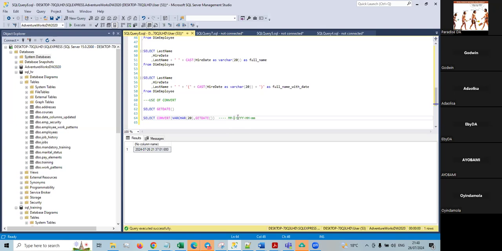Let me write it correctly because there is a way these things are written. And year, I think, is also lowercase. Not that it matters in this particular context because we have actually commented it out, so it really doesn't matter. But it should give us the format in this form.